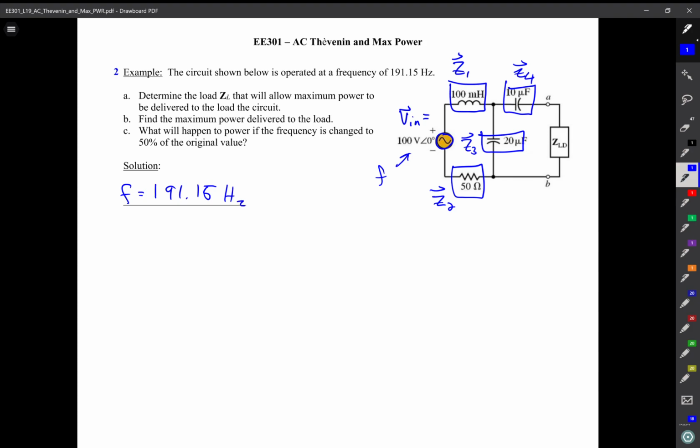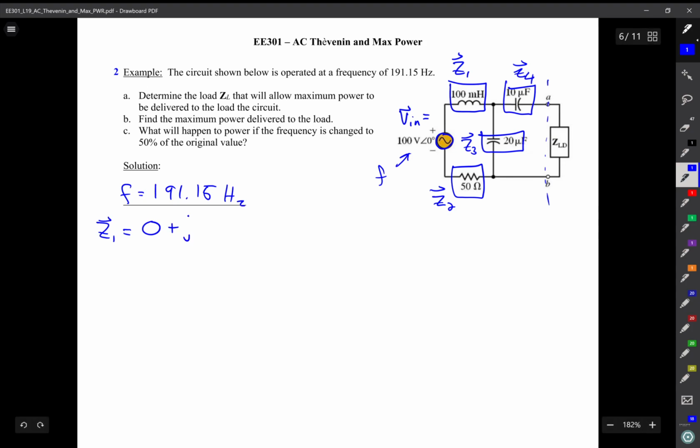Well, now what I'm going to do, before I even solve the Thevenin circuit, I need to define my impedances. So notice that my units for each one of my impedances can either be millihenries or microfarads, so I have to convert those into impedances. So in this case, I'm going to look at Z1. Z1 is purely inductive, so there's going to be zero real resistance, and it's going to be positive because it's an inductor.